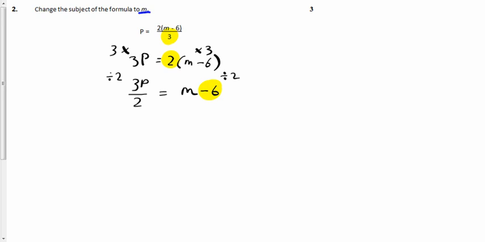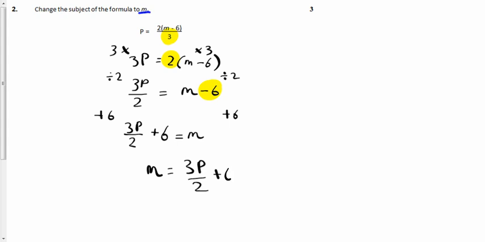So plus 6 to each side, 3p over 2. Now that is being treated as one term on its own, and I'm adding 6 to that. So it's important that the plus 6 is not part of the initial fraction. All that's left for me to do is tidy it up, having my subject first, m equals 3p over 2 plus 6.